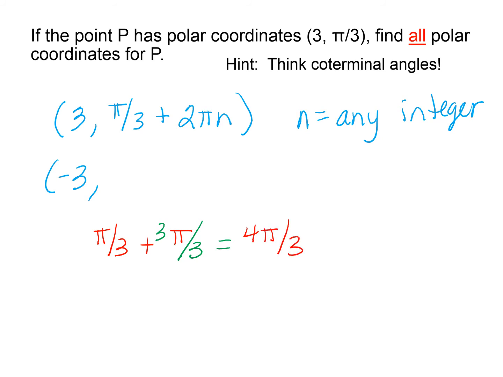So if you have your unit circle handy, you can see that pi over 3 and 4 pi over 3 lie along that diagonal, so they are opposite one another. So again, if we change the r value to a negative number, then our angle would be the supplement, if you want to think of it geometry-wise. And then again, since we're finding all solutions, plus 2 pi n.